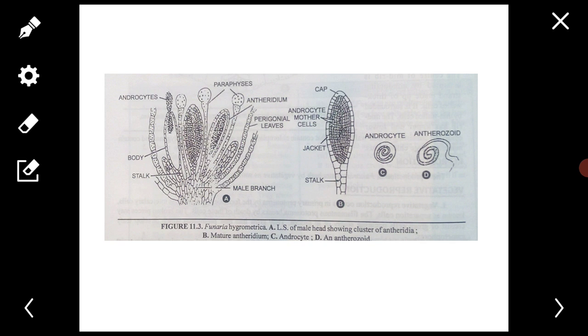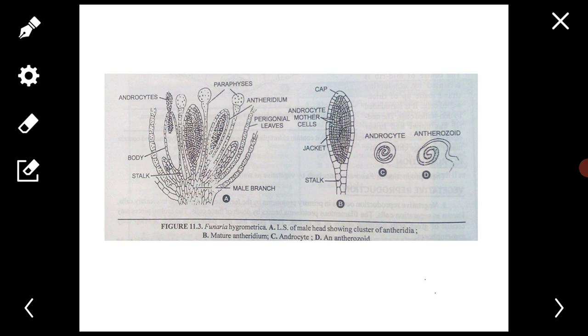Monoecious and autoecious means the antheridia and archegonia are borne on separate branches of the same plant, and protandrous. Protandrous means the antheridia develop first and archegonia develop later.